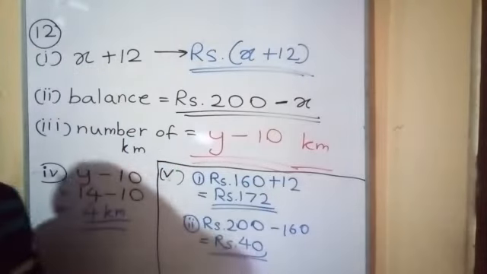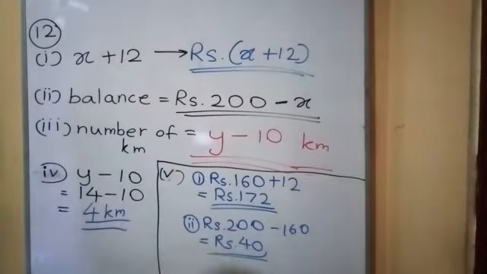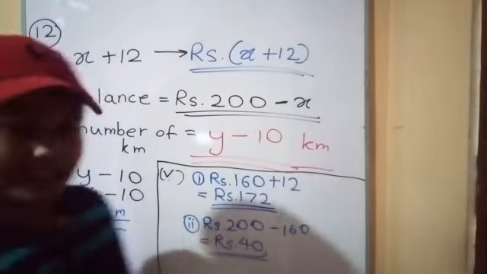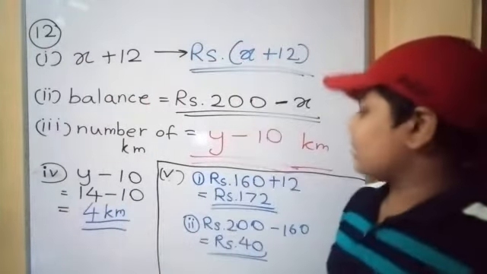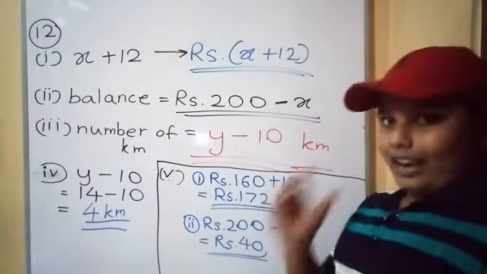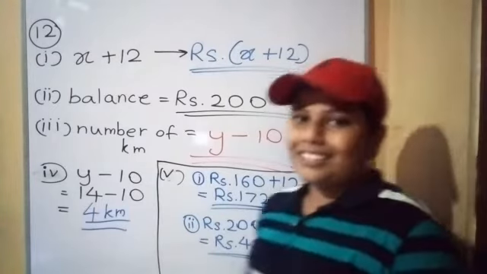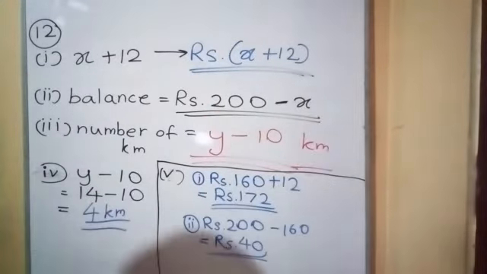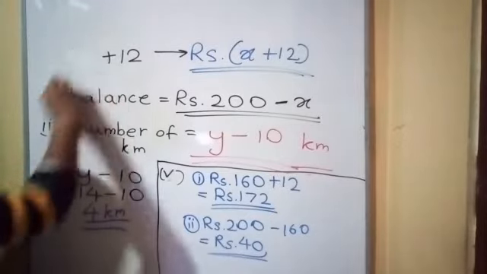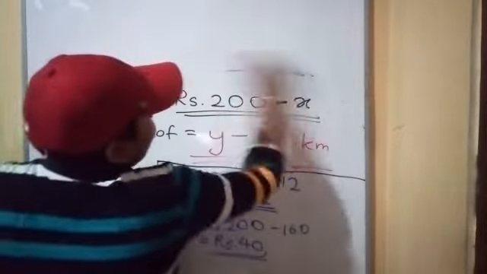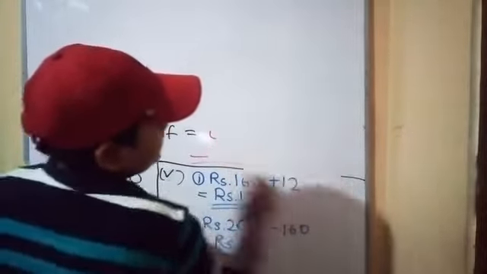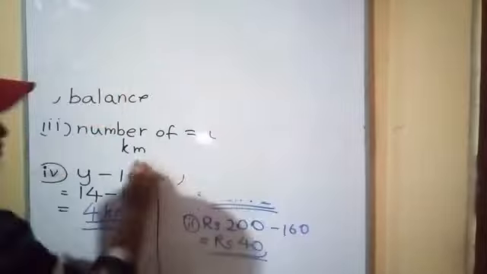So 172 rupees for the first one, that's the new price, and 40 rupees is the balance the man gets. Okay, the difficult question is also discussed.